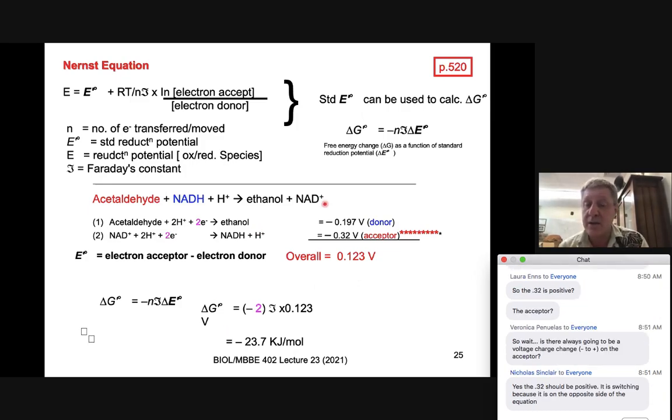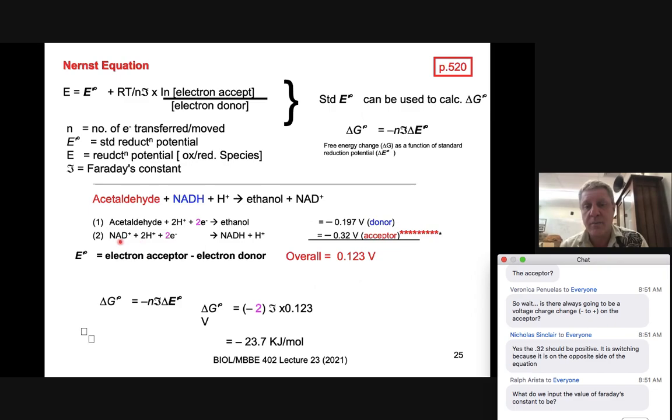If we're going in the opposite direction, so we're changing this arrow, we're going to degrade ethanol and have a source of NAD+, we're going to have to change this particular equation and our half equations. And note, importantly, we're going to be going in a different direction. So we could have ethanol plus NAD+ going to acetaldehyde, NADH plus hydrogens.